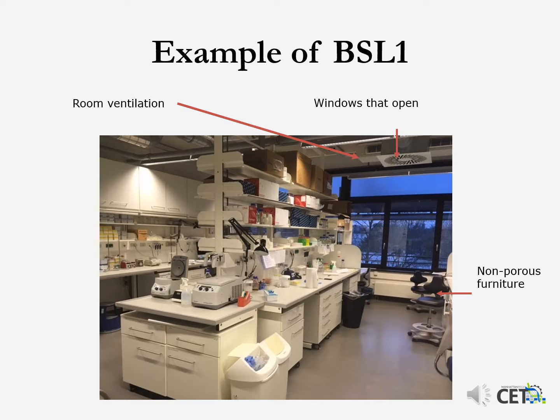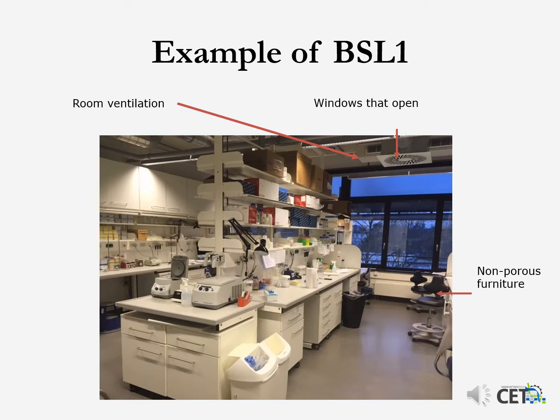This is a picture of a BSL 1 lab, but to be honest, a BSL 1 lab is just about like your kitchen. It has a door for access control. It has a sink for hand washing. All the furniture in that room and in your kitchen are easily cleanable.